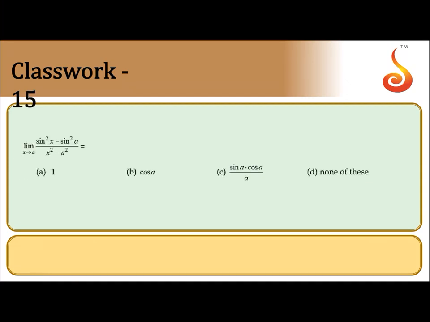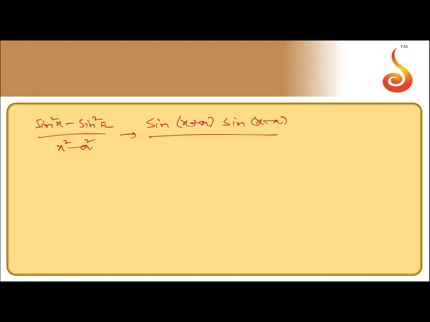Coming to the 15th one. Sin square x minus sin square a divided by x square minus a square. So why don't you just apply the trigonometric formula? This is nothing but sin of x plus a multiplied by sin of x minus a, divided by, when you factorize the denominator, x plus a multiplied by x minus a.